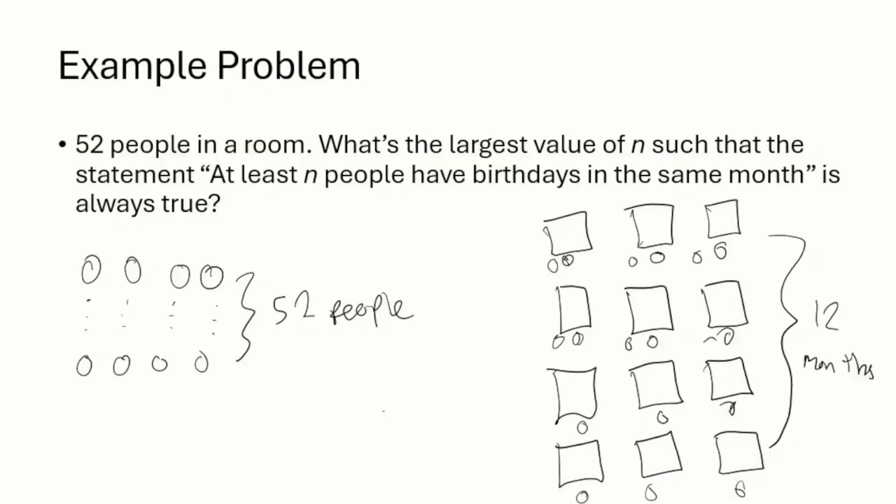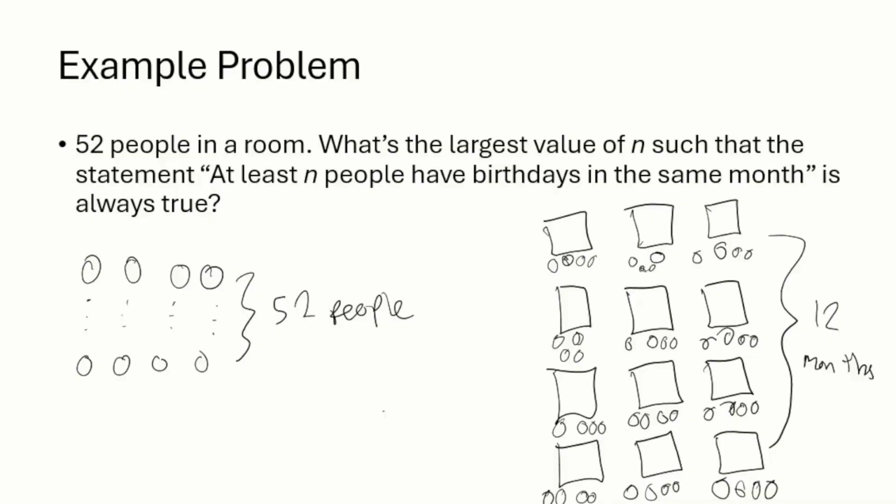And we keep doing this until we've put four people in each box. In other words, until 4 people are in each month. And again, the reason we're doing this is to minimize overlap. Since we want to make a statement about a lower bound on the overlap, we want to figure out what the minimum possible overlap could be.